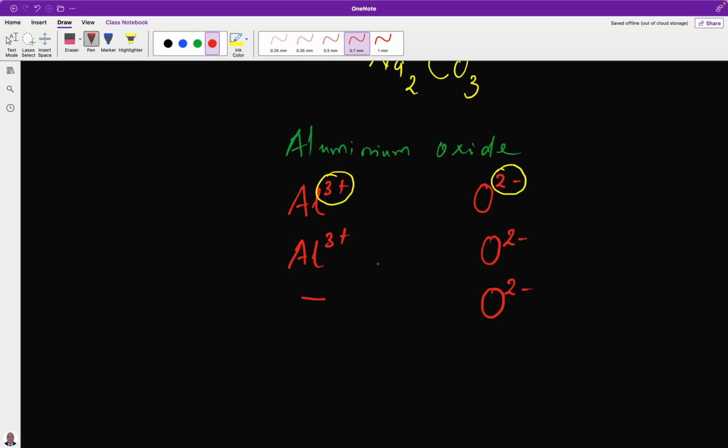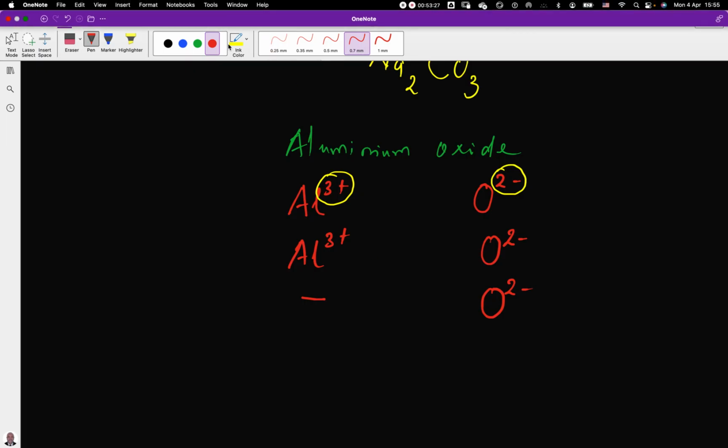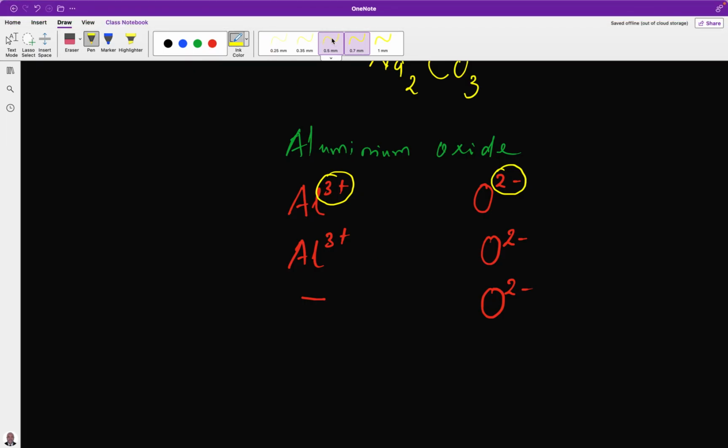Now let's balance it. We have here only 2 of the aluminum ion and 3 of the oxygen ion.